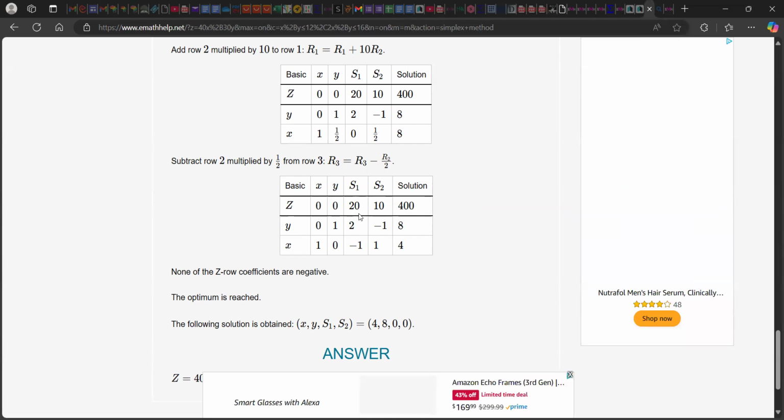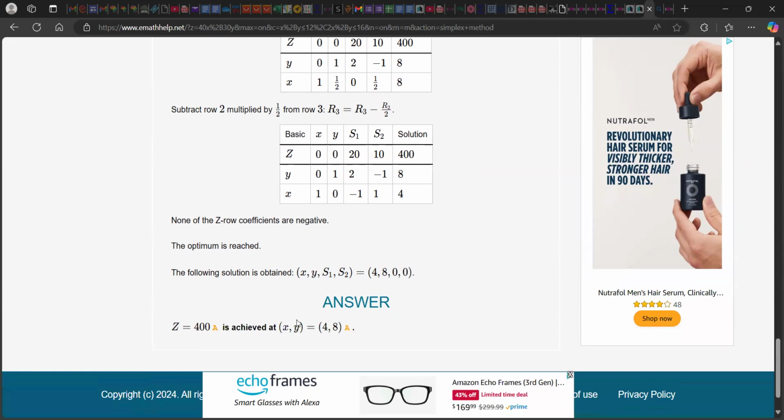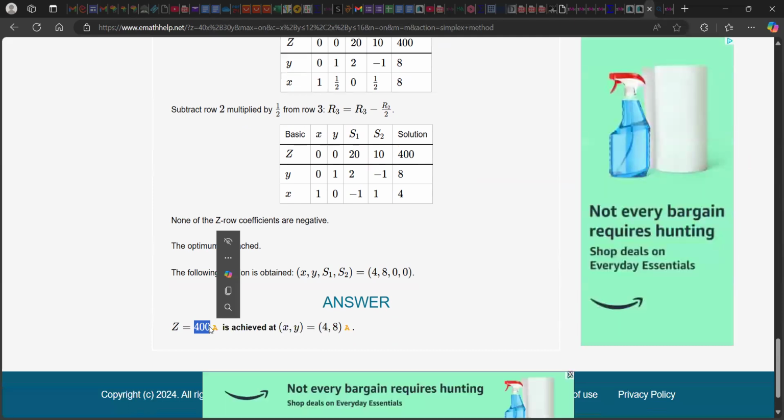Use this number as your x1 and this number as your x2, as your solution. Notice they even give 4 and 8, but don't use that. Really, we're concerned more with the minimum value, 400, but don't use the 40, use the 20 and the 10.